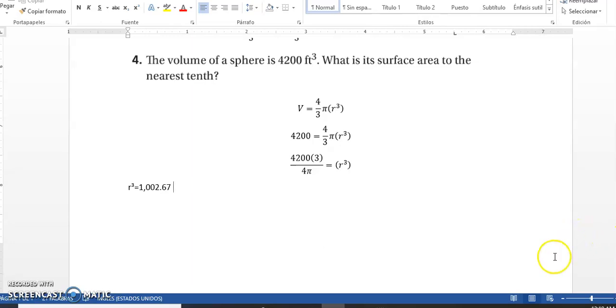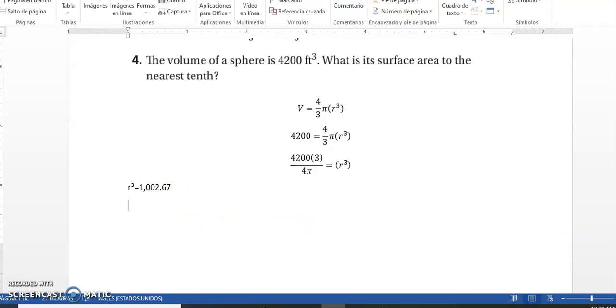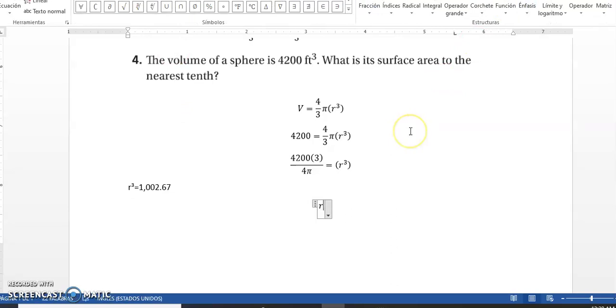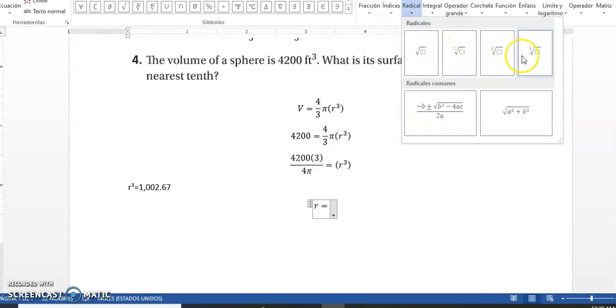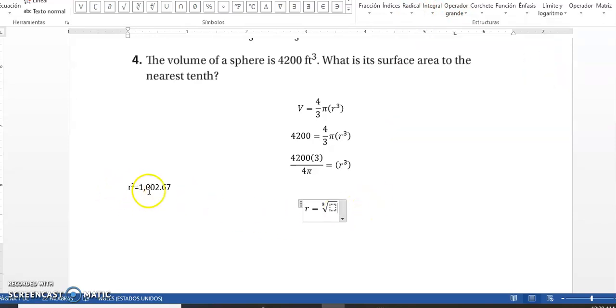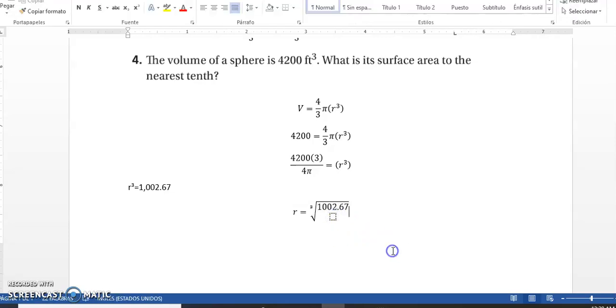Now, this is to the third power. If we want to cancel this to find the value, we have to take a cube root, because what we have is the third power. Now the result will be only the radius.